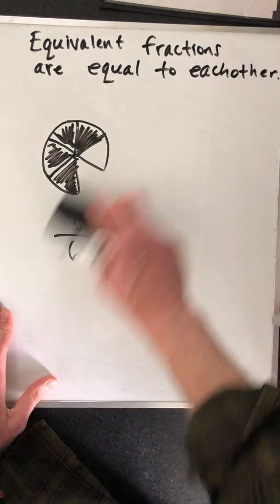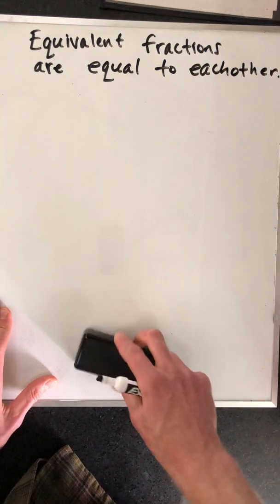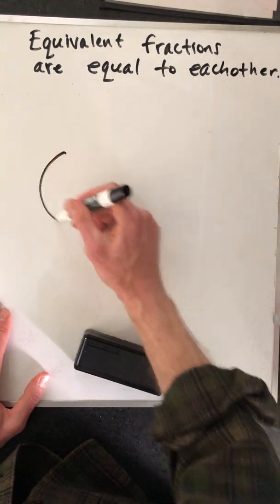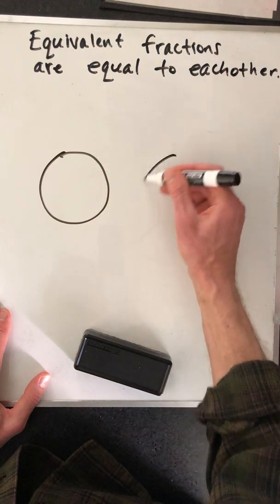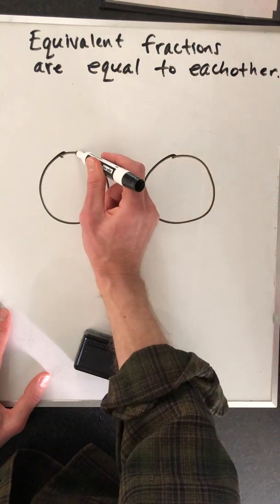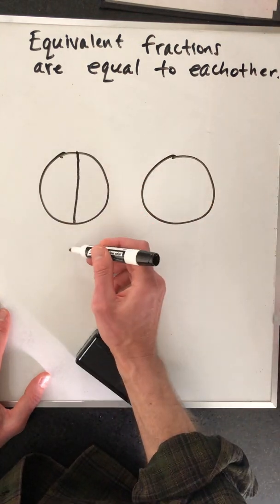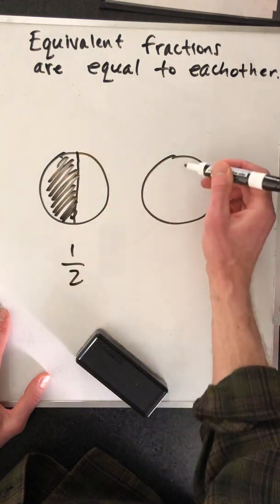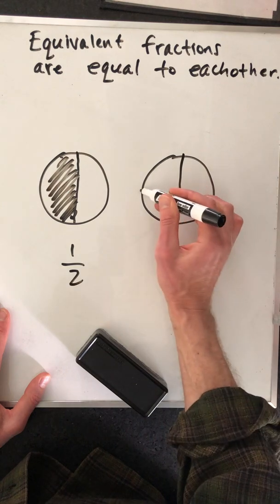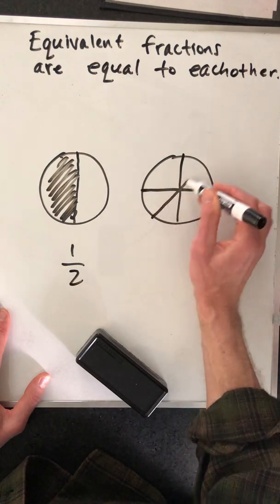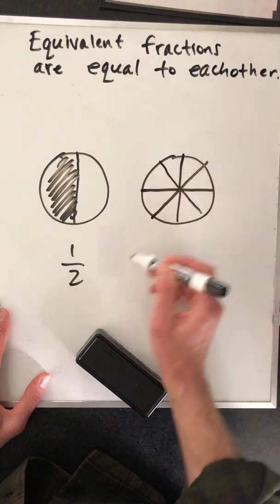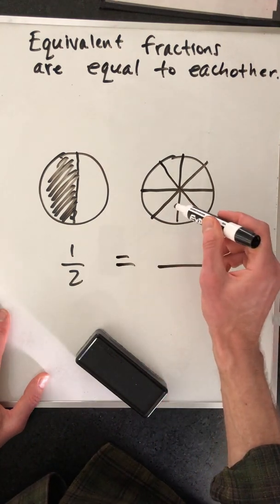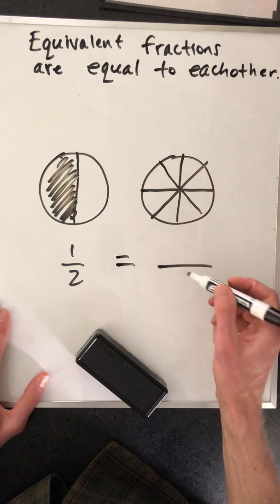I'll do one more just so you can kind of see what I mean. I'm not sure if this is on the assignment, but let's say I have 1/2 equals, and I just cut that one into 8 parts. 1, 2, 3, 4, 5, 6, 7, 8.